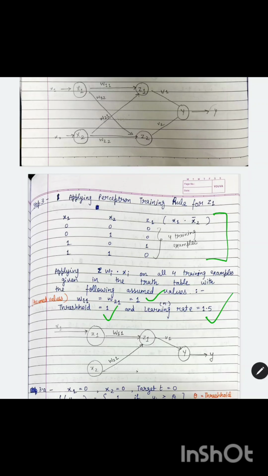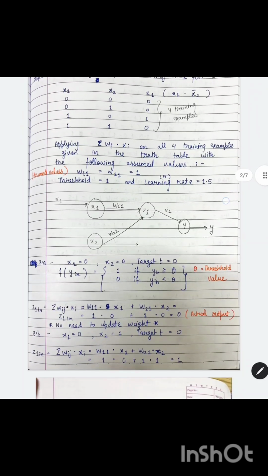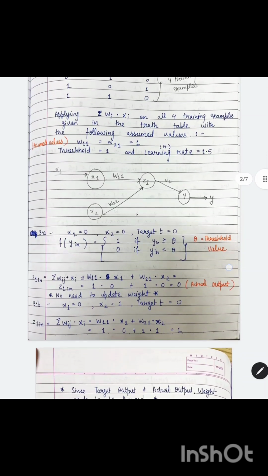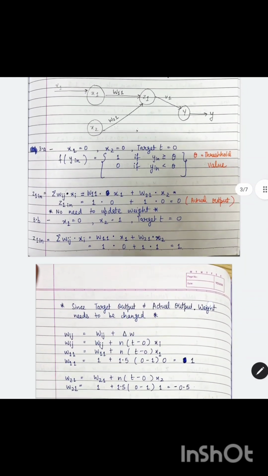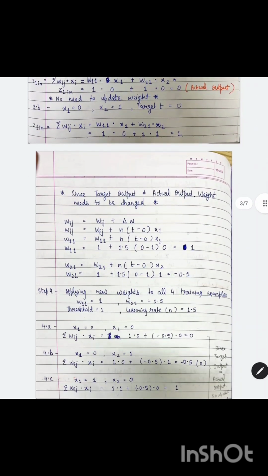We'll apply sigma xi wi for all the training samples which are related to Z1, and in case they are not same as the target, we have to update the weights. So for the first case the values match, for the second case the values do not match, and then we have to apply this function for the second case.